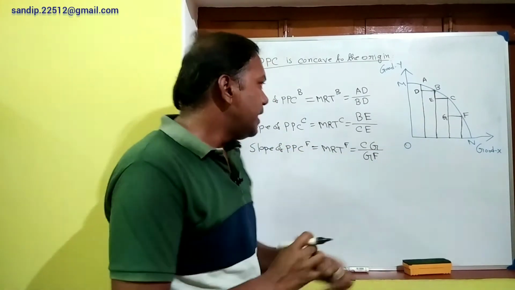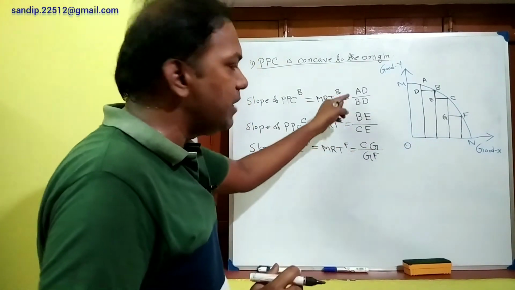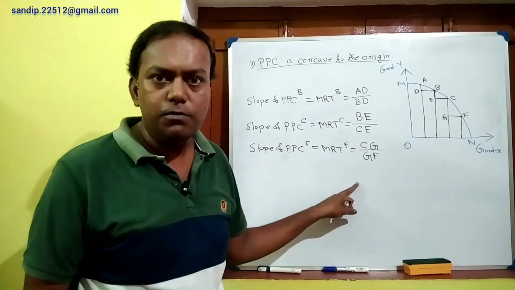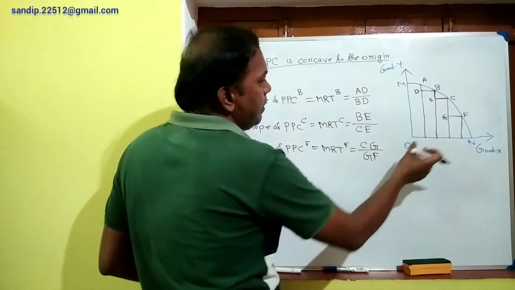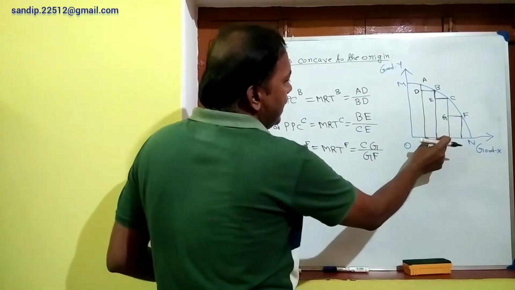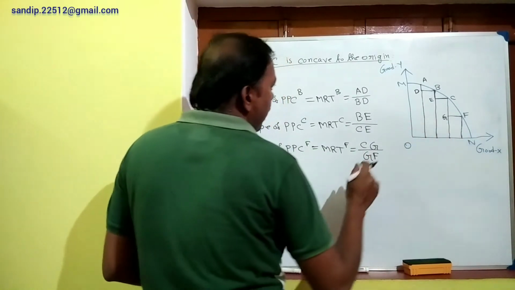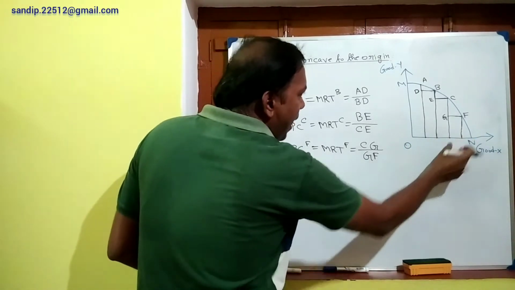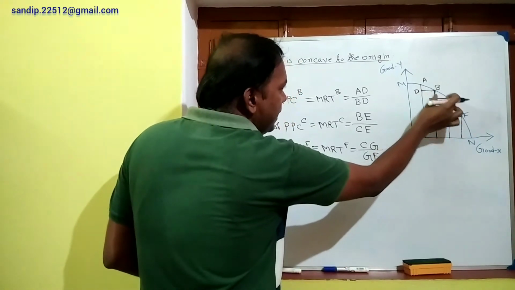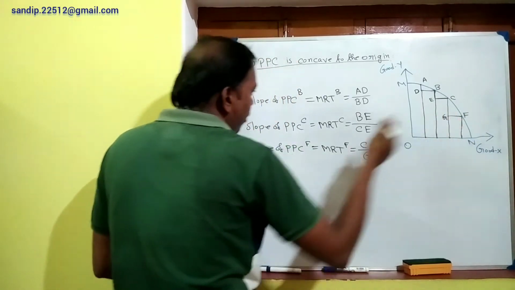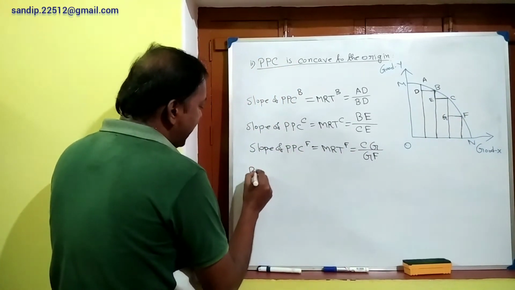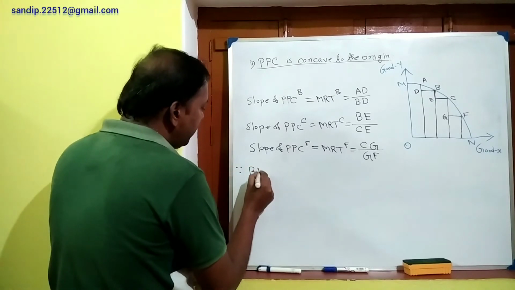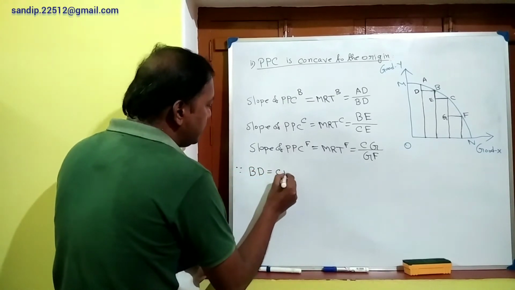Now students, if you compare these three ratios, what can I get? Initially, I told you to let these gaps be equal. So if these gaps are equal, I can say BD equals CE equals GF.